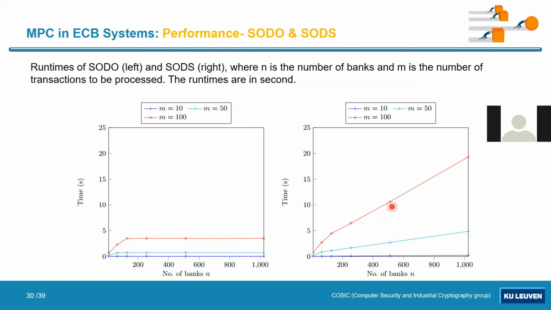But here we can see that even after growing the number of parties bigger than the number of transactions, we still do not have a constant time. This is because we have secret destinations, and we need to do some equality checks, or those DMOX techniques that I mentioned, to find the destinations.